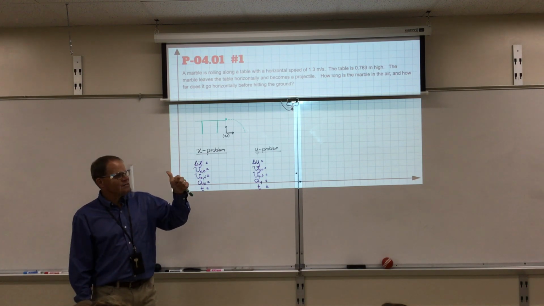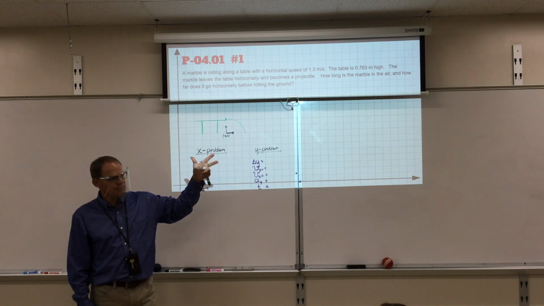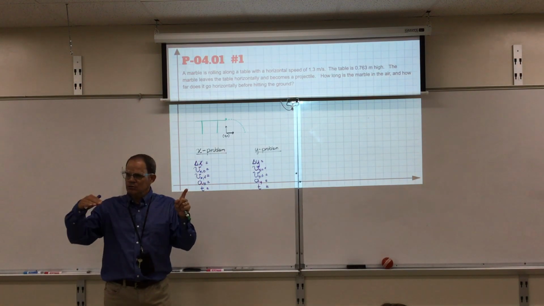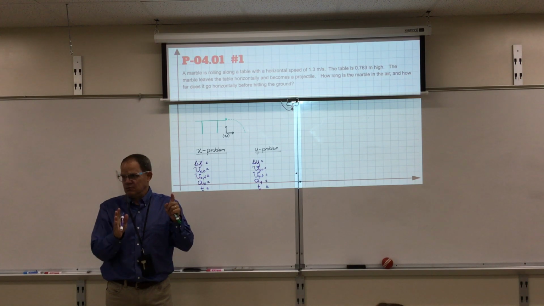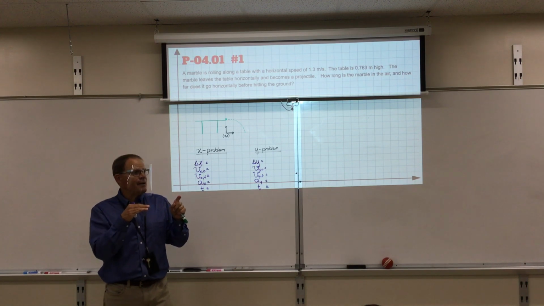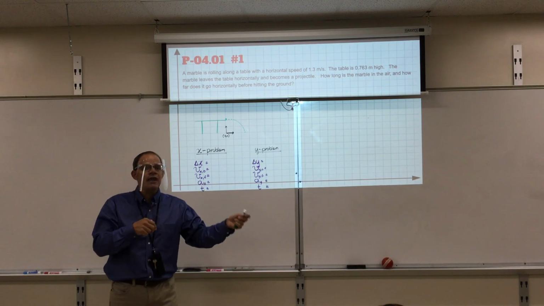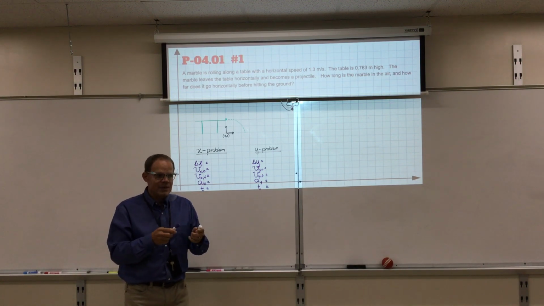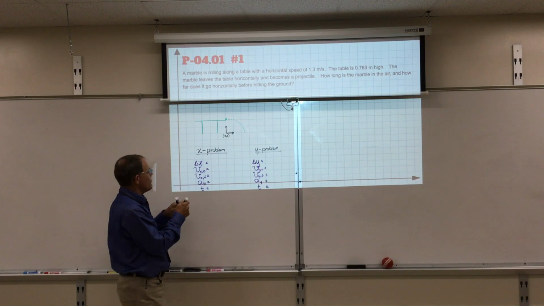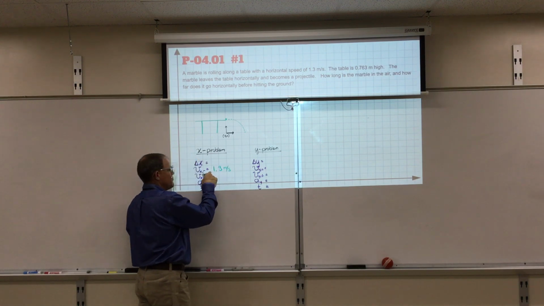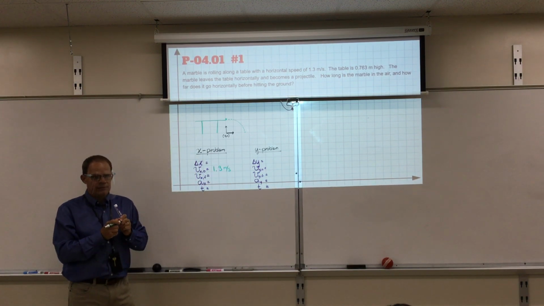So, is it a velocity, an acceleration, or a distance? It's a velocity. Is it a horizontal velocity or a vertical velocity? It's horizontal, so it's v sub x. Is it the velocity at the beginning of the problem or the end? The beginning. So all of those things help us figure out that 1.3 is the velocity of the marble horizontally at the beginning of the problem. See how we got that?